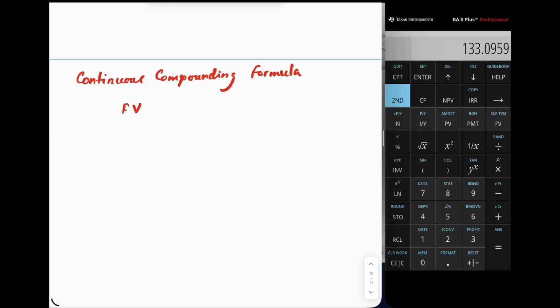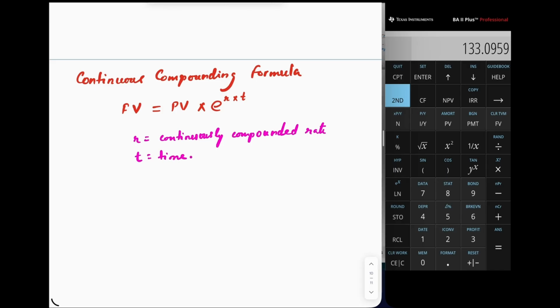Future value, if you want to know it, and you're given present value, and the condition is that it is being compounded continuously, then you write e^(rT) into PV. Here FV is your future value, PV is your present value, r is your continuously compounded rate, and T is your time.